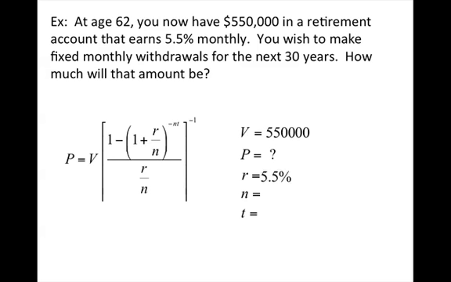R is my interest rate, which is 5.5%. If I divide this by 100, I get 0.055. N is the number of times it's compounded per year, and this is earning the 5.5% monthly, so N is 12. And I'm going to do these withdrawals for the next 30 years, so my time is 30.